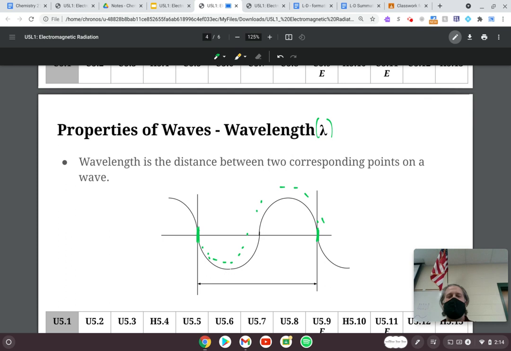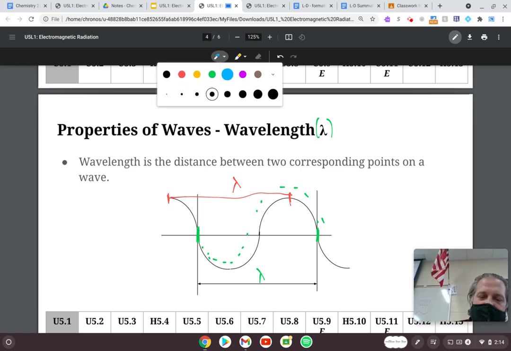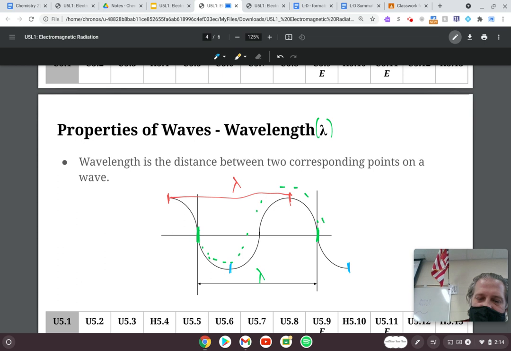And as a result, the distance from the beginning of the wave to the end of the wave is something that we call the wavelength. But we can measure them at different spots. If I measured from top of wave to top of wave, that would also be a wavelength. And I can also measure it from bottom of wave to bottom of wave. That would also be a wavelength.